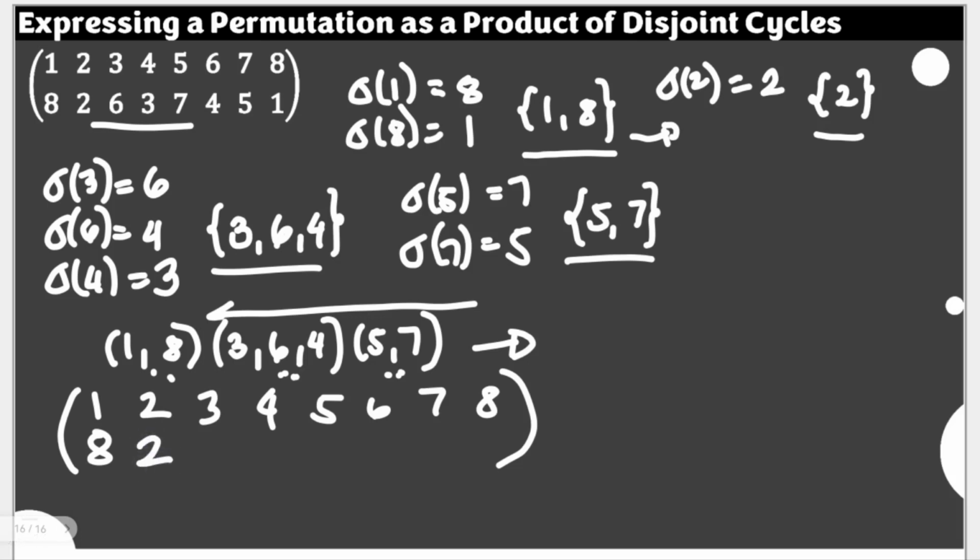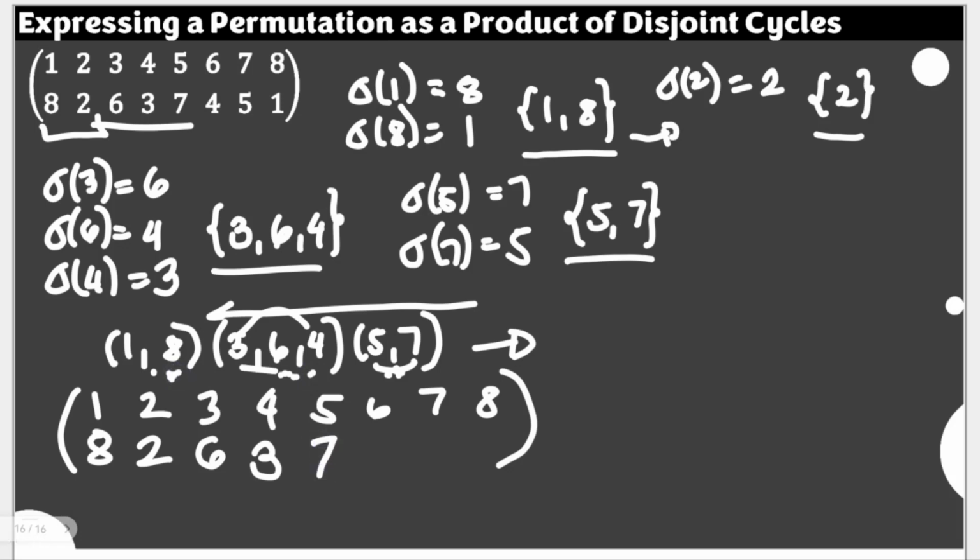You would see that the first 2 already fits the given permutation. But let's just continue. 3 is mapped to 3, 3 is mapped to 6, 6 is mapped to 6, so 3 is mapped to 6. Then 4. 4 is mapped to 4, 4 is mapped to 3, 3 is mapped to 3, so 4 is mapped to 3. Let's have 5. 5 is mapped to 7, 7 is mapped to 7, 7 is mapped to 7, so 5 is mapped to 7.